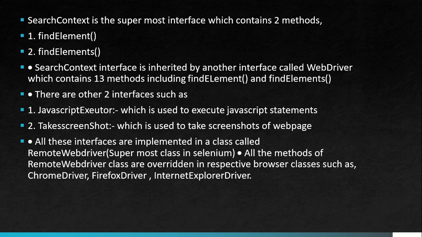Now, SearchContext is the supermost interface, which contains two methods: findElement and findElements. The SearchContext interface is inherited by the WebDriver interface, which contains around 13 methods including findElement and findElements. There are two other interfaces: JavaScriptExecutor, which is used to execute JavaScript statements, and TakesScreenshot, which is used to take screenshots of web pages.